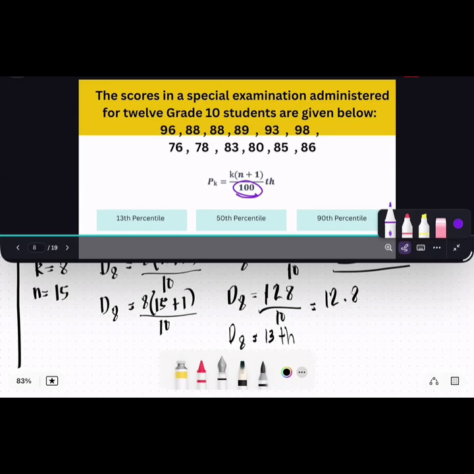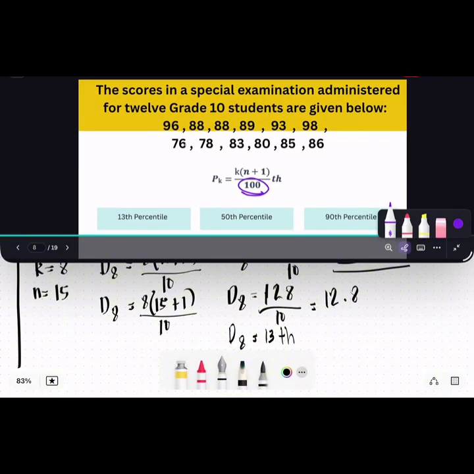So, first, let's identify if our dataset is arranged in ascending order. So now let's arrange our dataset in ascending order. First, we have 76. So this is the lowest. So 76, followed by 78. Next is 80, 83. Next, 85, followed by 86.